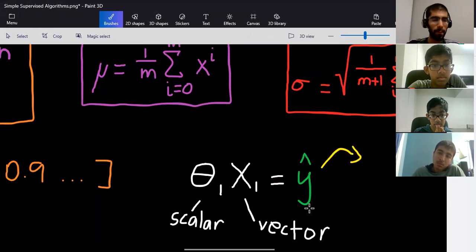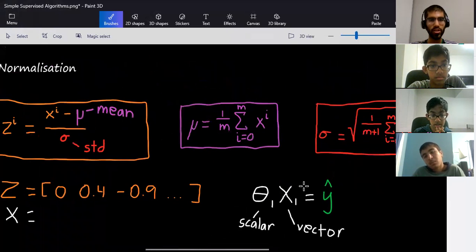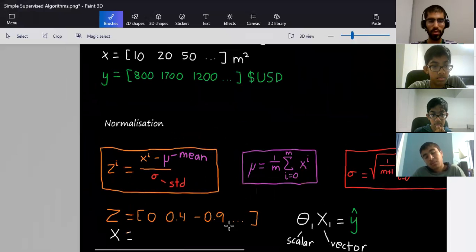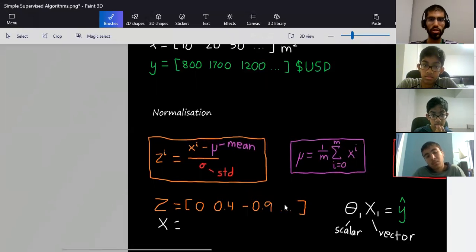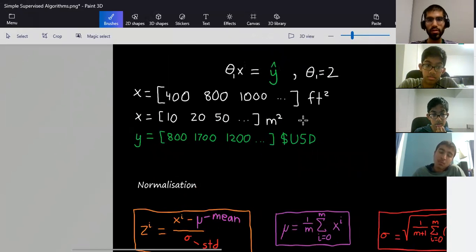Making sense? All right, take a breath. That's normalization. That's a very important part of regression work. You should always normalize your data, especially when it can be on different scales.